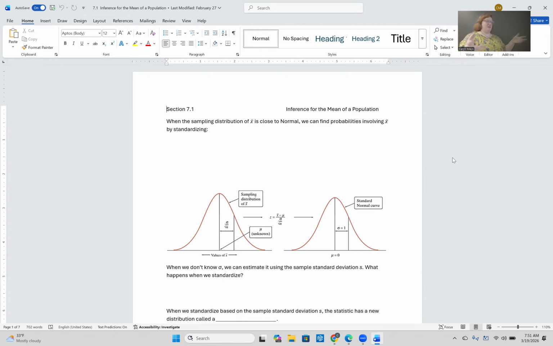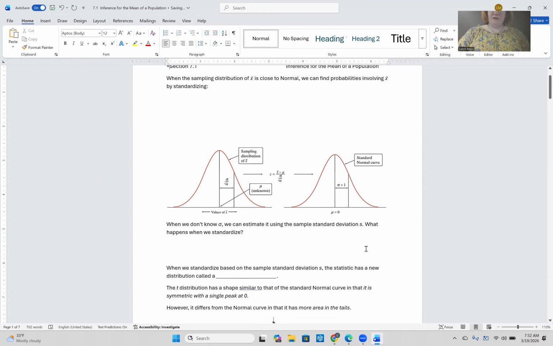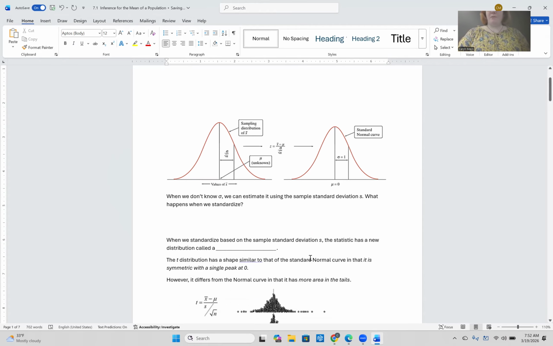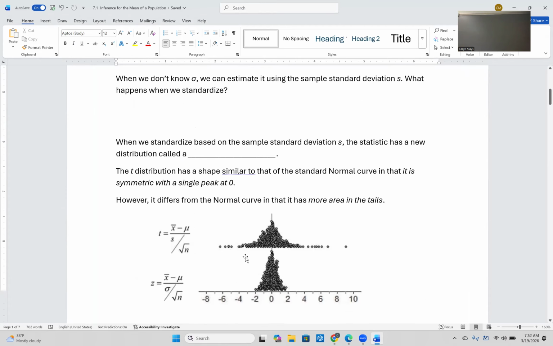And if we don't really know a lot of information about the population as a whole, it can be hard to know that information about the standard deviation of the population. So what can we do? We can estimate using the sample's standard deviation. And when we estimate with the sample standard deviation, this is called a t-distribution.